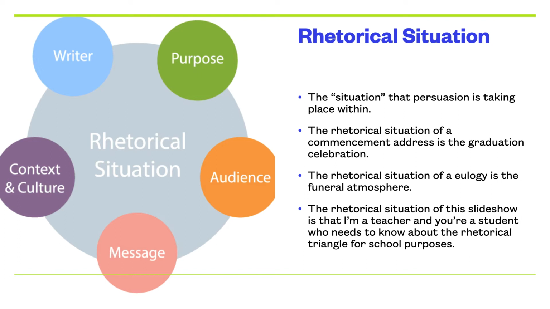The rhetorical situation of a eulogy is the funeral atmosphere. Well, on the AP test, we've seen a eulogy given to former President Ronald Reagan by Margaret Thatcher. That changes the rhetorical situation a little bit because he's obviously a very famous and very powerful figure. So rhetorical situation, we need to get as specific as we possibly can when we're talking about it.